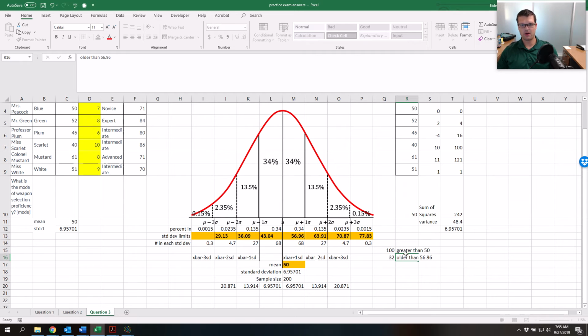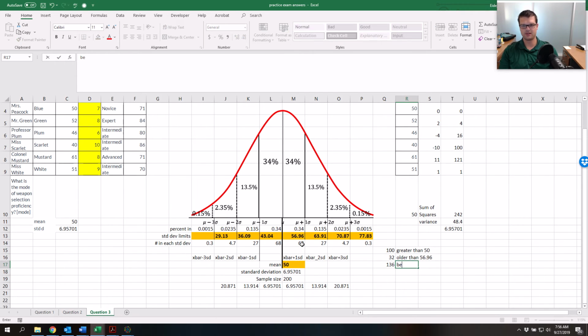But if I were to say how many people are between 43.04 years old and 56.96 years old, I would do equals sum, and add these two together. These are the number of individuals above 43.04 years and below 56.96 years old, which I really should have done with a much rounder number.